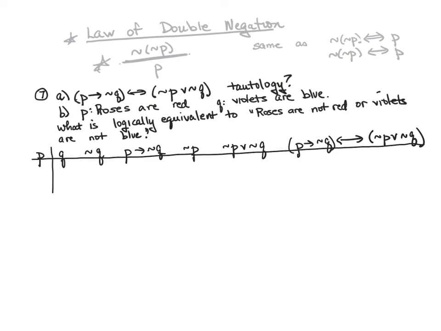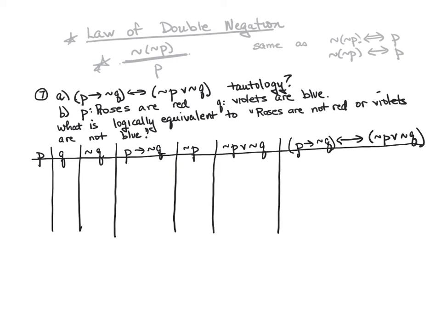So let's draw our lines here. And we have true, true, false, false. We have true, false, true, false.